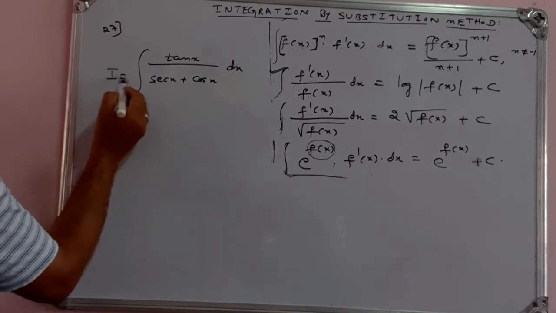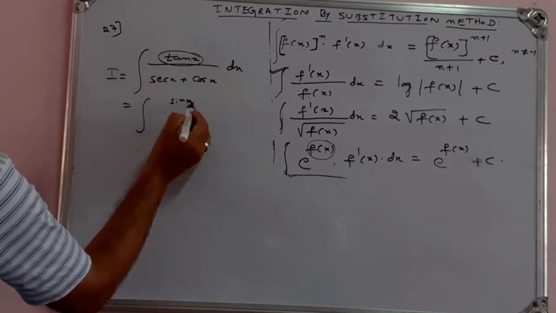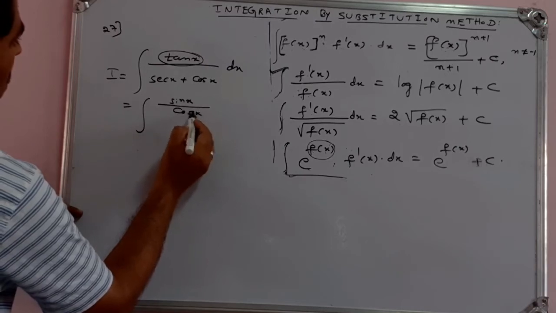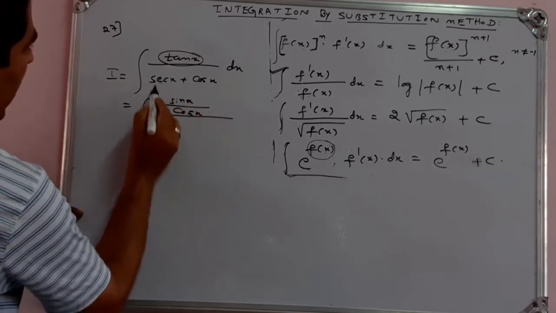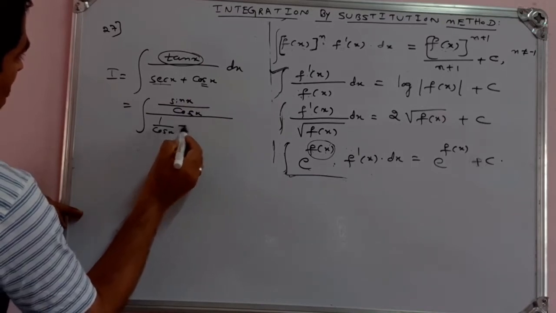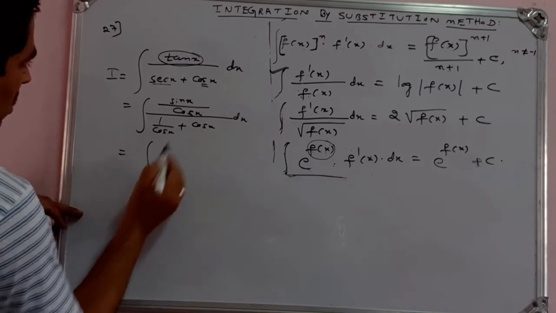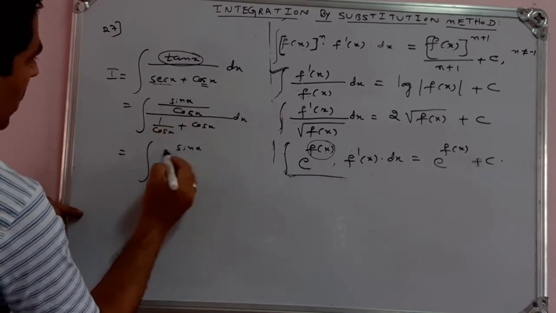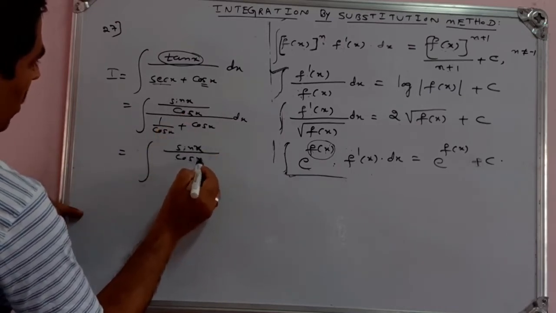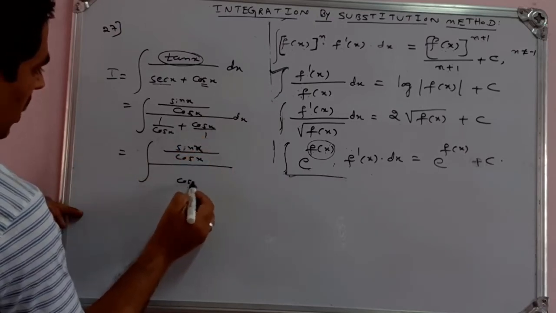Tan can be written as sin by cos. Then secant can be written as 1 by cos, plus cos as it is. I will write sin x by cos x as it is, whole divided by, then you take the LCM, cos x is the LCM.